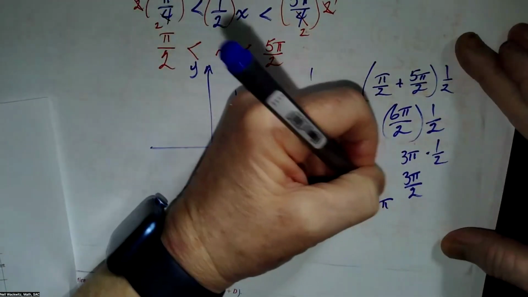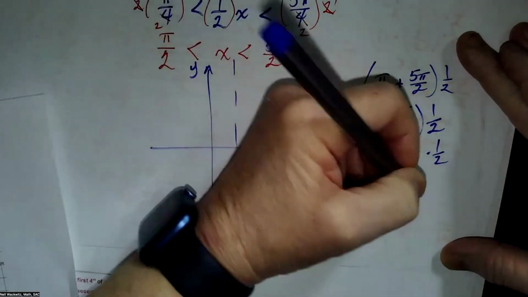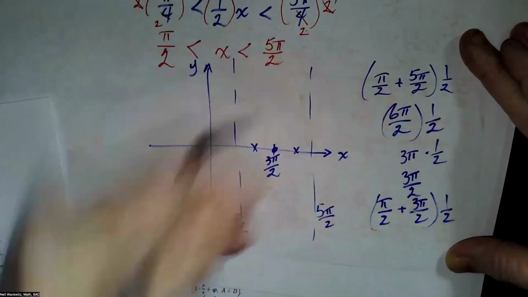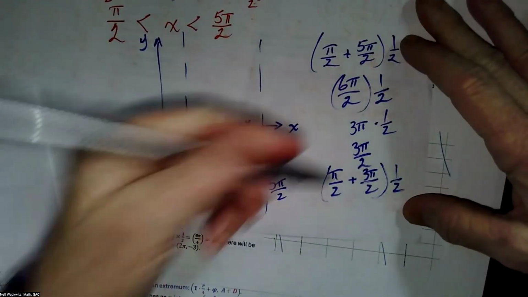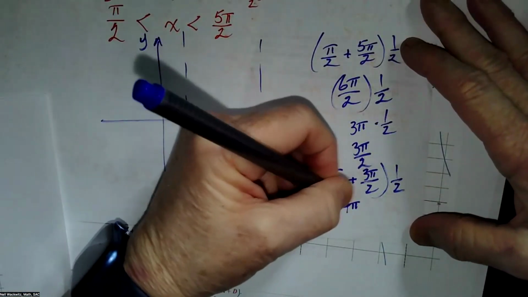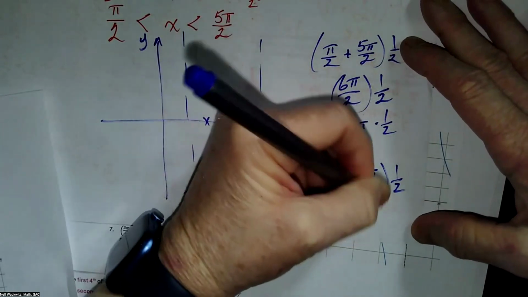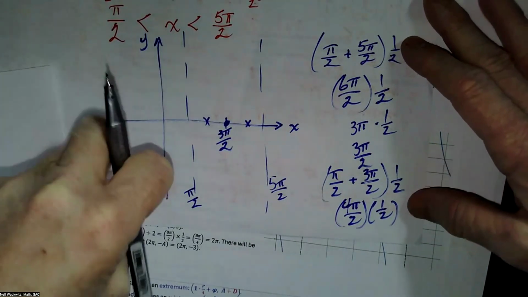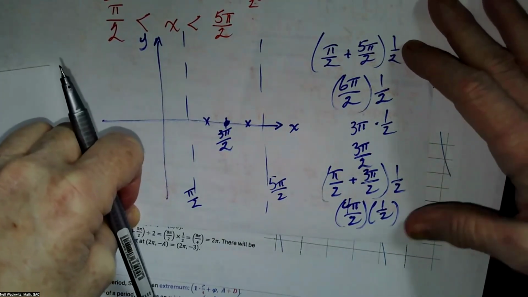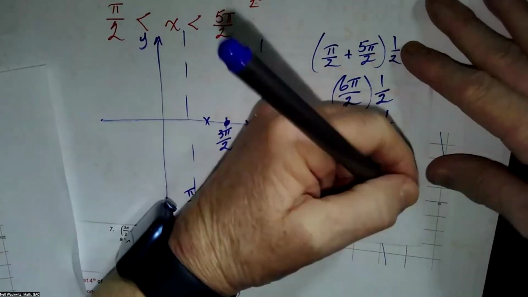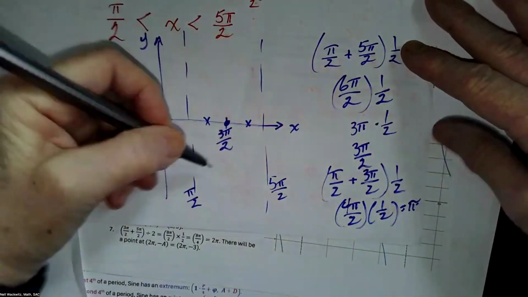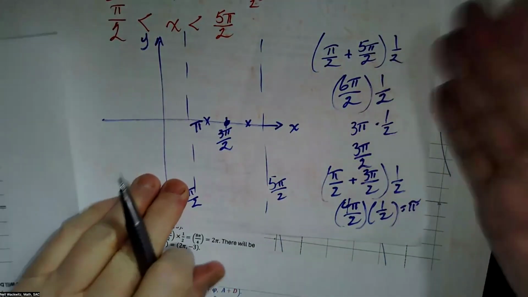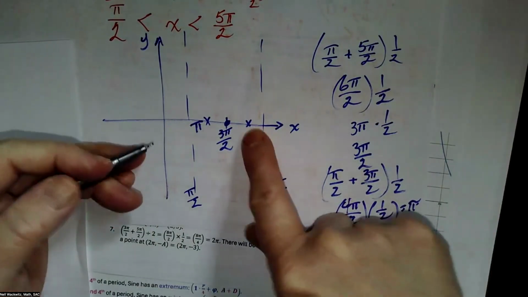So I've got pi over 2 plus 3 pi over 2 times 1/2. That gives us 4 pi over 2 times 1/2. Oh, maybe not. Wouldn't it just be pi and then 2 pi? Yes, it will be. Lovely. And so we should get also 2 pi for the second one.